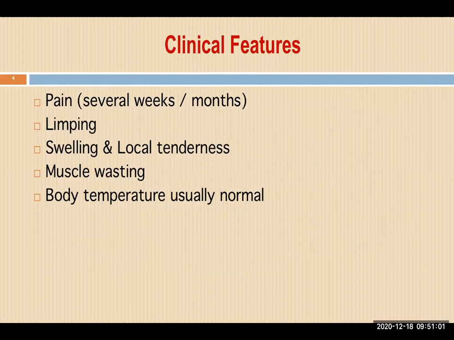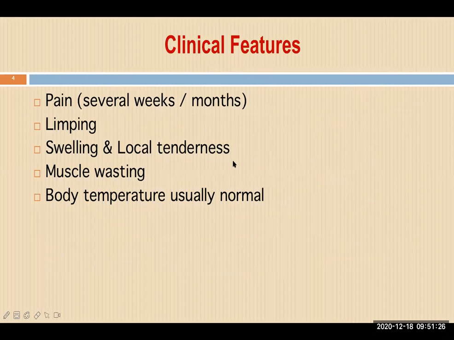What are the clinical features of subacute osteomyelitis? Let's talk about it. There is local pain in the bone. The affected area will have local pain, and that pain may last for several weeks or months if we do not treat. If we do not treat, remember. There is limping because of the pain. The patient cannot walk properly, or walks with pain.